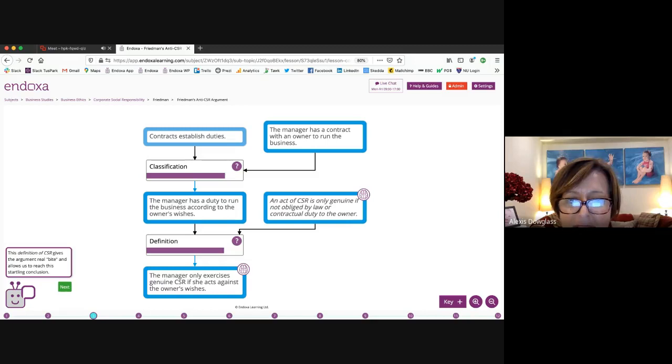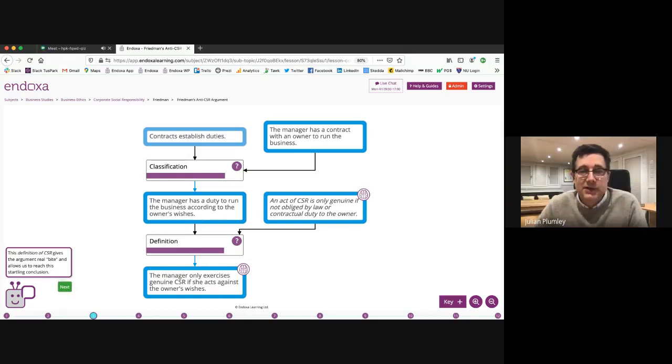Okay, and I notice there's another purple box. Yeah, this is just a different type of argument. This is a definition argument. This argument works because it's using this statement here, this premise, as a definition.